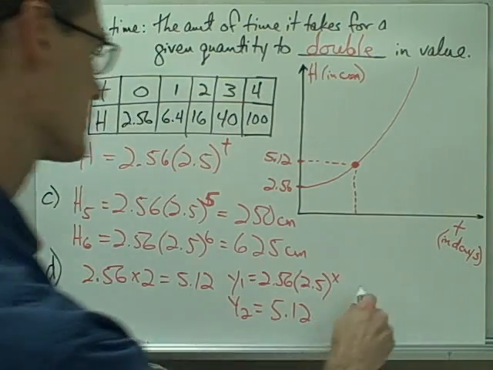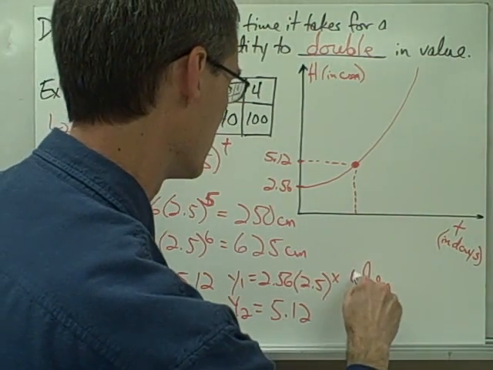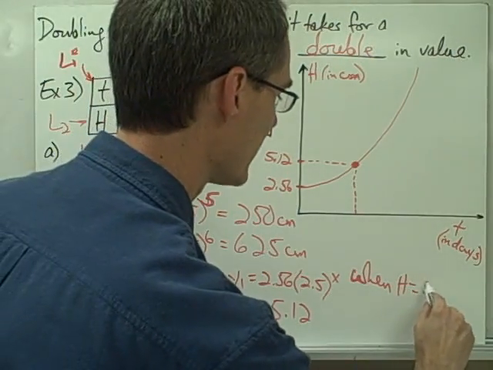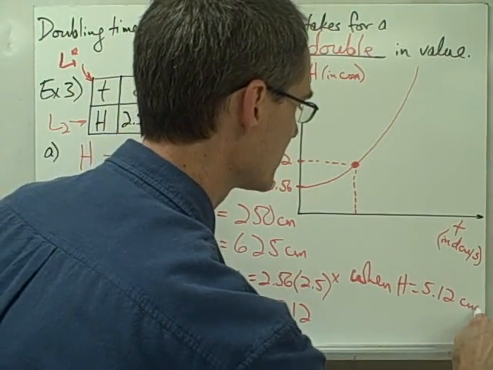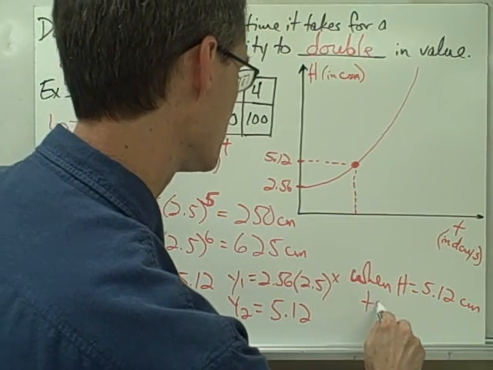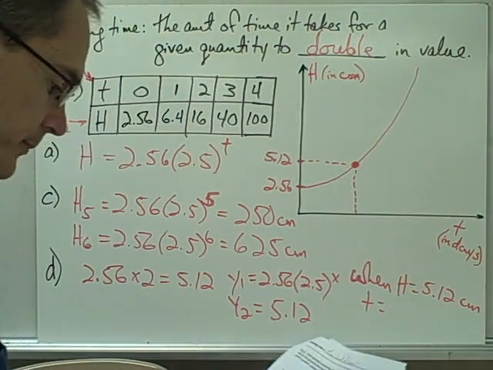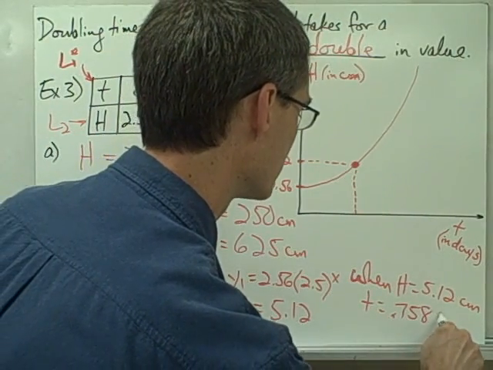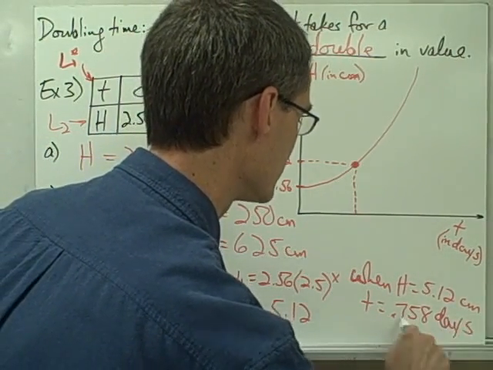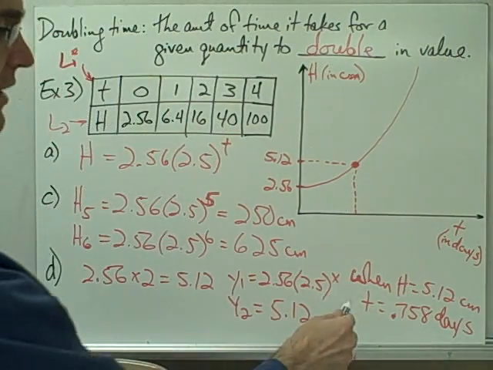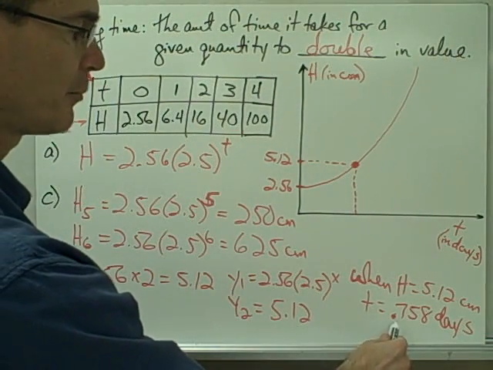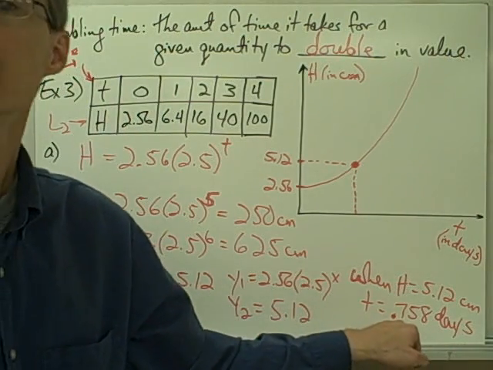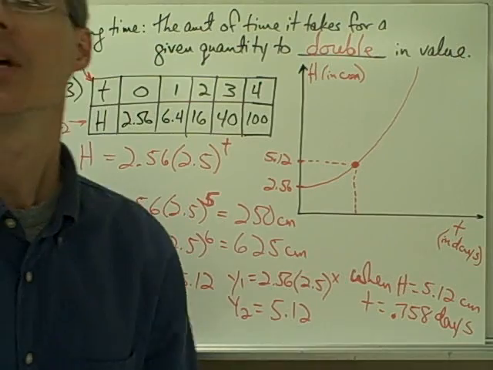And my calculator tells me that when h, my height, equals 5.12 centimeters, then t equals 0.758 days. So therefore the doubling time for my plant is 0.758 days, and just as I expected, it takes less than one day for this plant to double in height.